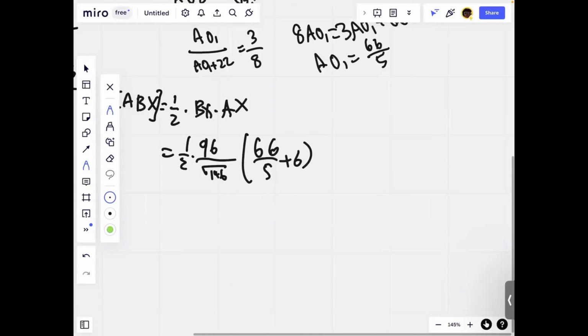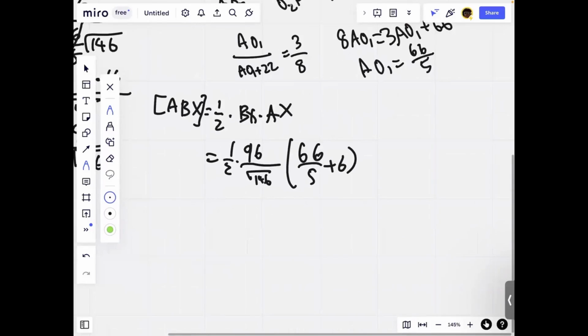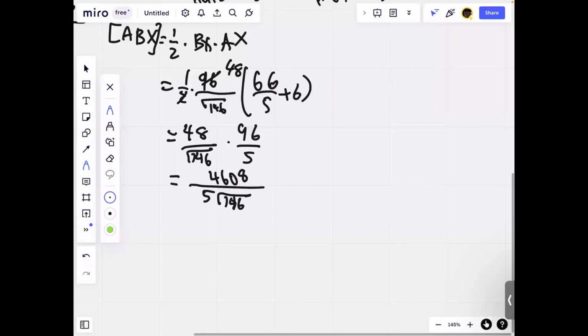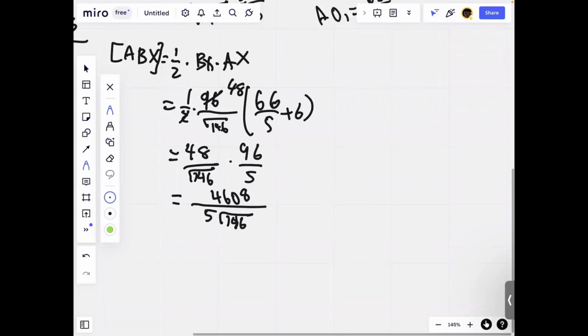So if we calculate this, we get this is 48, and so that equals 4608 over 5 square root 146.